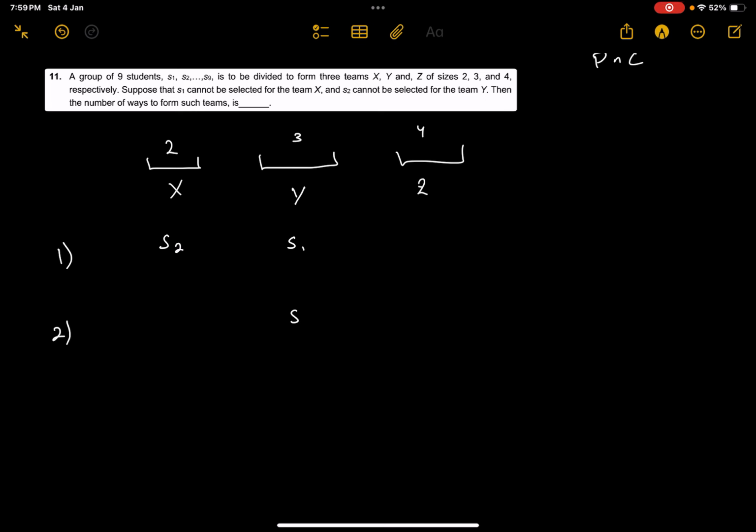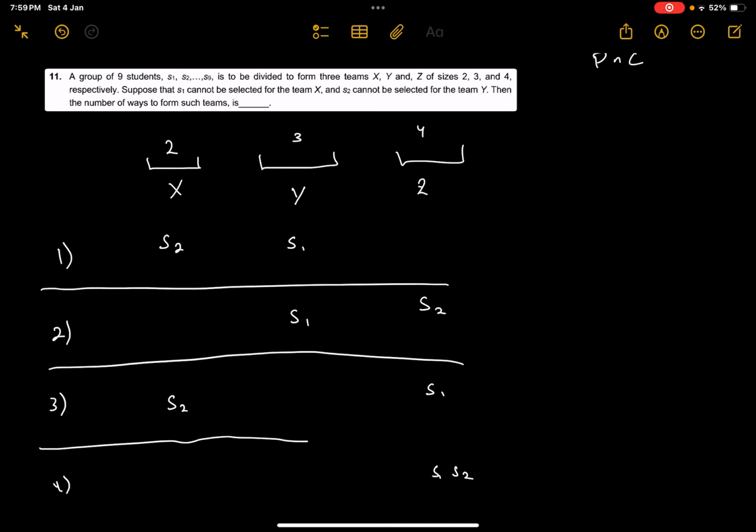Case 2, S1 is in Y, S2 is in Z. Case 3, S1 in Z, S2 in X. Case 4, S1, S2 both in Z. So these are the possible combinations, the 4 possible configurations of S1 and S2 based on the teams allocated to S1 and S2.